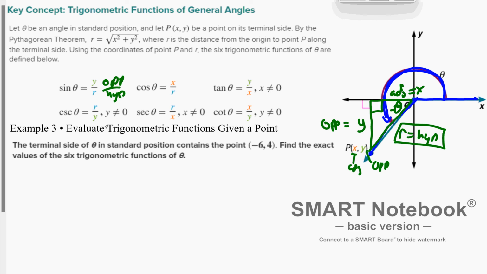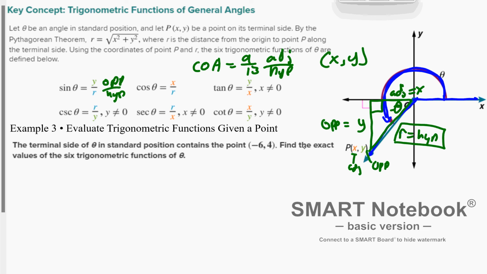So we're just solving the same problem as before, when we were given cosine of A equals 9 over 13, or adjacent over hypotenuse. But this time, instead of adjacent and hypotenuse, we're given a point with an x and a y.